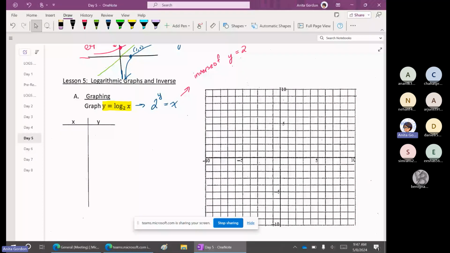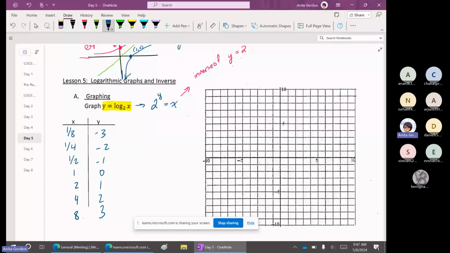So I can say y is -2, or how did we do it in the last one? I think we went from -3 to 3. So let's go -3, -2, -1, 0, 1, 2, 3. And then 2 to the y equals x. So then this is 1 over 8, 1 over 4, 1 over 2, 1, 2, 4, 8. 2 to the 1 is 2, 2 to the 2 is 4, 2 to the 3 is 8.